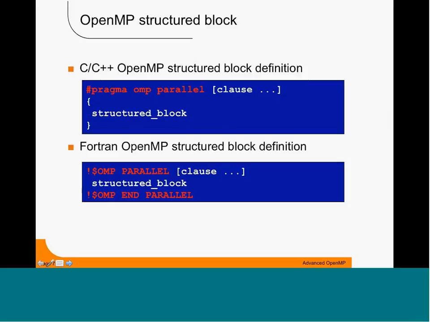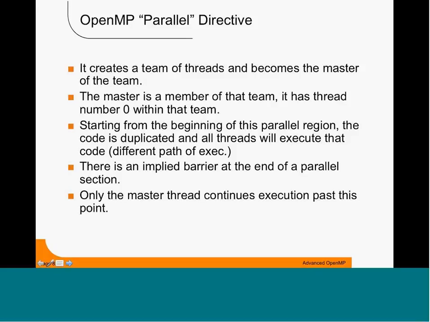So how does it look in C++? In C++ you mention pragma omp parallel, and then you have a structured block. In Fortran, similar to C++, you have $OMP parallel, and then you enter the parallel region. So the parallel directive creates a team of threads, and the creating thread becomes the master of that team.